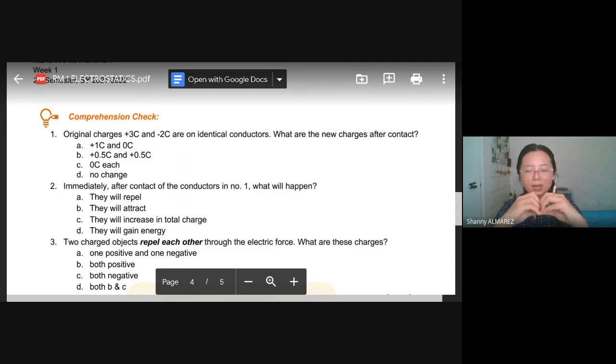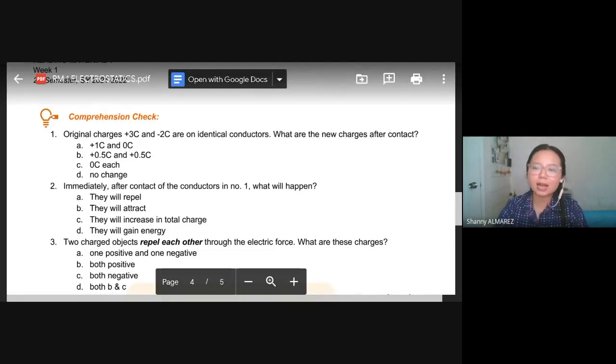Kung together their charges is positive 1, what if we consider their charges individually? Ilan yung magiging value ng individual metal sphere? We should just divide it into 2. Okay? So, dahil together, they have positive 1 coulomb, ibig sabihin, individually, ang kanilang charge ay positive 0.5 coulomb and positive 0.5 coulomb.